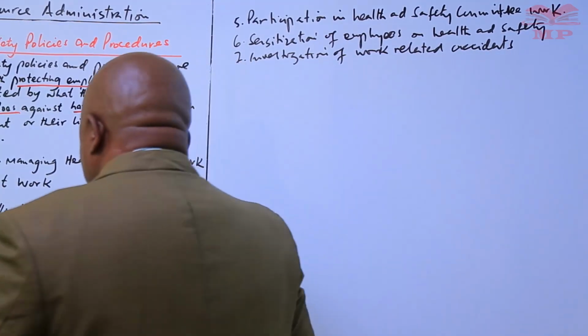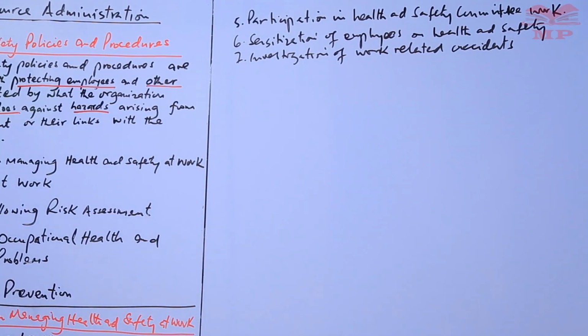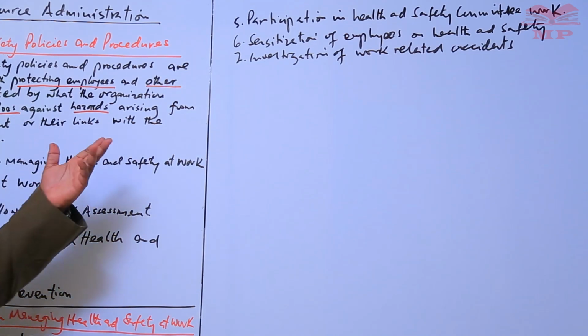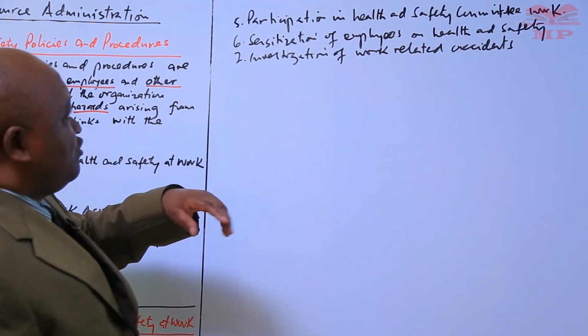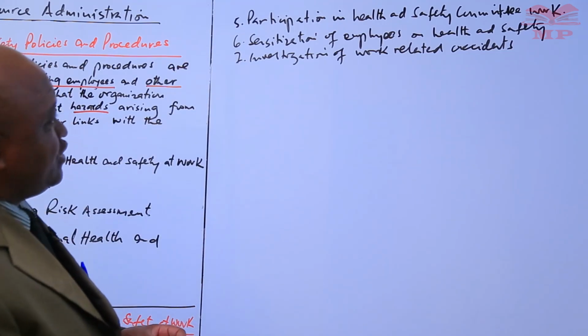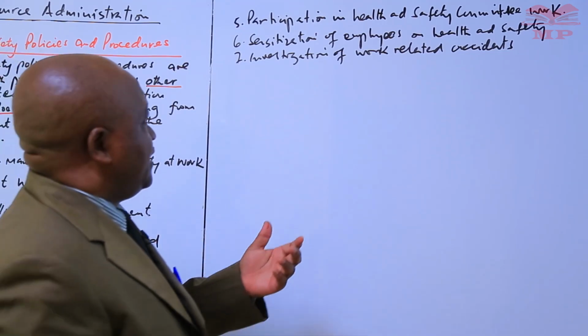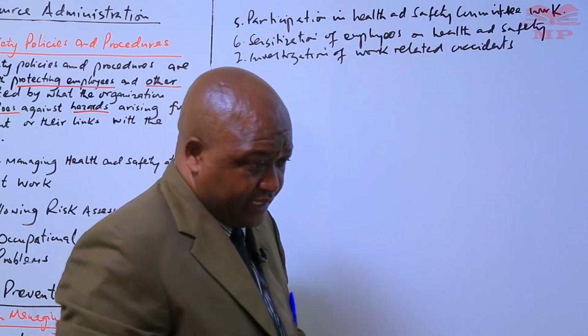So basically, the activities in managing health and safety are wide, and they vary from organization to organization. But what we are saying, some of them may include formulation of health and safety policies, conducting risk assessments, implementation of health and safety policies, reviewing of health and safety procedures, participation in health and safety committee work, sensitization of employees on health and safety, and investigation of work-related accidents.